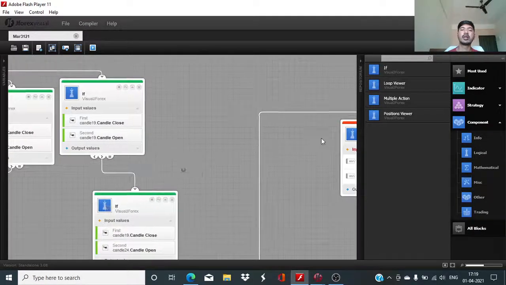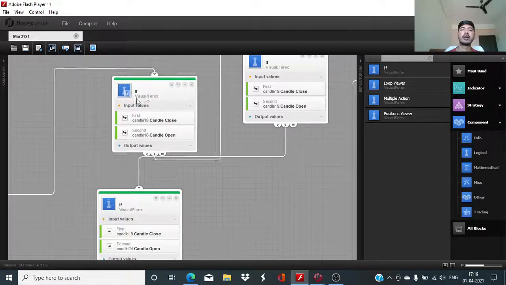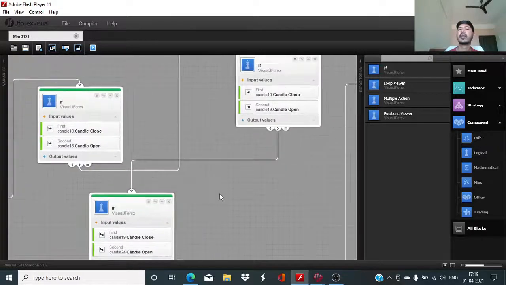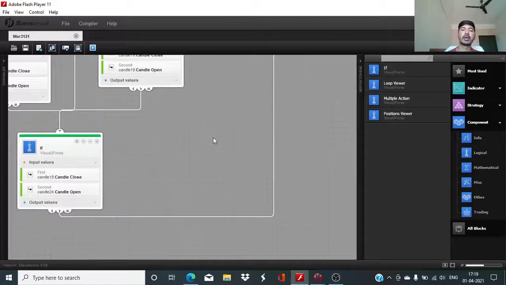So all the conditions which we have defined so far are in the formation of first input greater than second input.